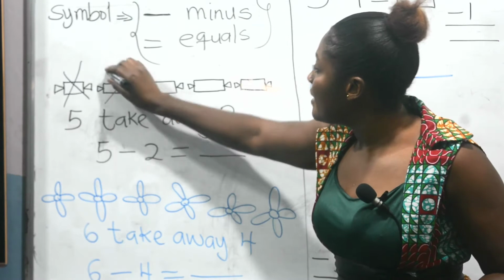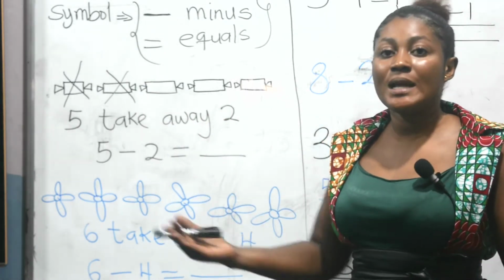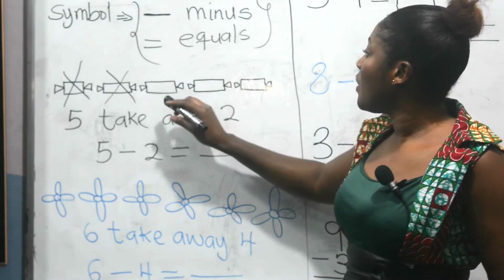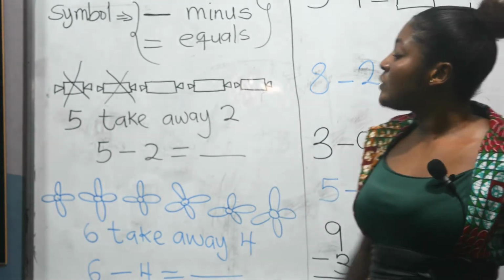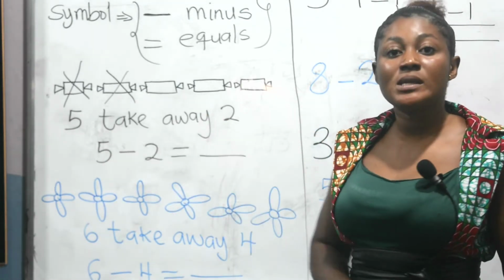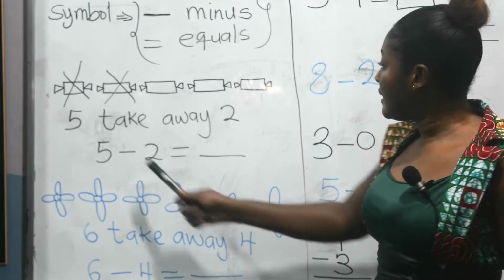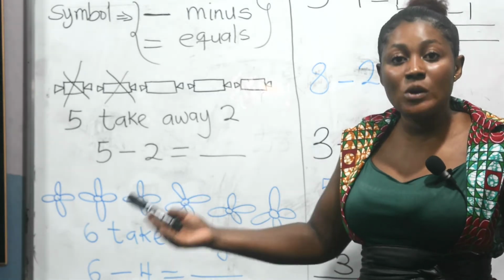1 and 2. So we are going to count how many will be left. So now let's count them. 1, 2, and 3. So 5 take away 2. The answer will be what? 3. So when you see the minus, the take away, it also means minus.